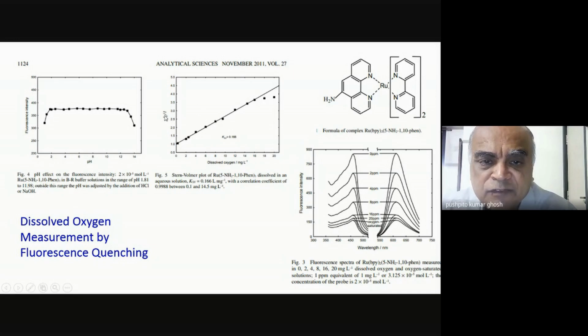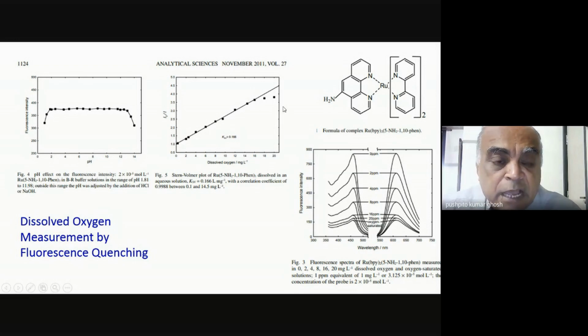Obviously, as I goes down, your I0 by I will go up. So you'll get a plot with a positive gradient over here. And you can see at this point it started deviating. So I would not trust the data beyond an oxygen concentration of, say, 16 milligram per liter in this particular case.